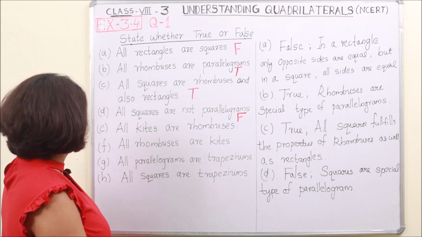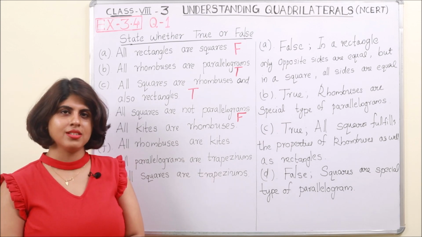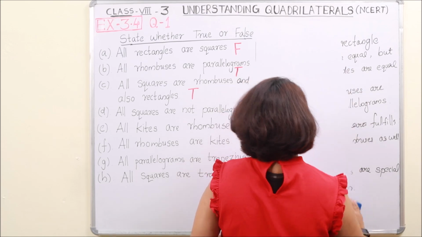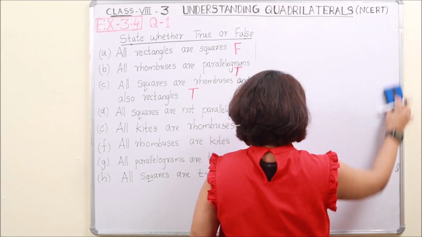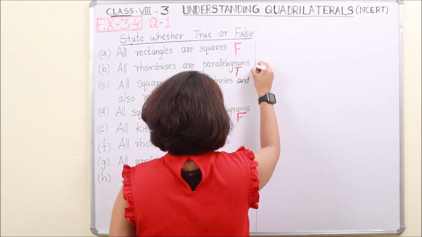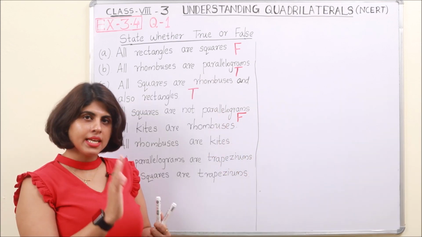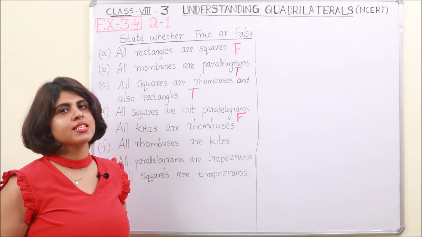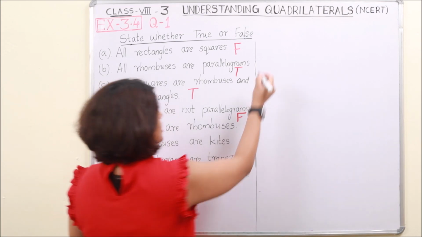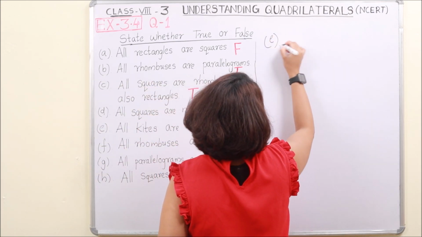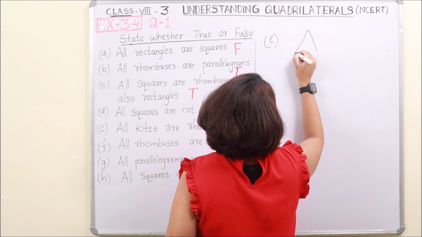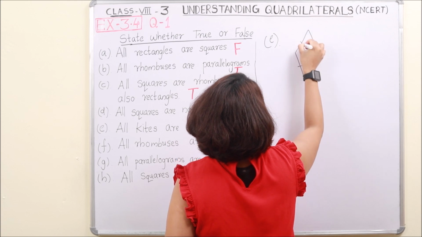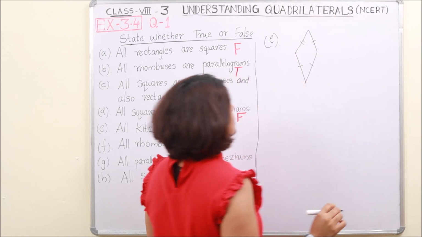Next statement, all kites are rhombuses. In a kite, only two pairs of distinct adjacent sides are equal. If we consider this kite, these two sides would be equal, and these two sides would be equal.